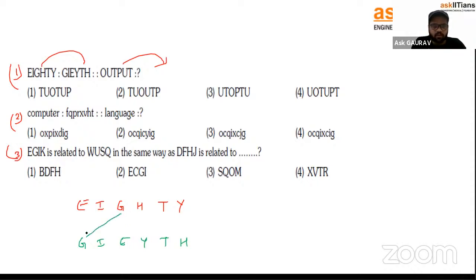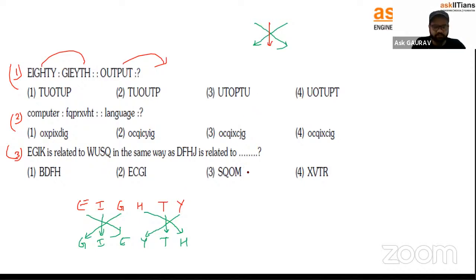The third goes to the first, Y to the last one. H and T are the same. So basically this pattern is a cross pattern. This way, the middle is at the same position and the first and the third letter just interchange.